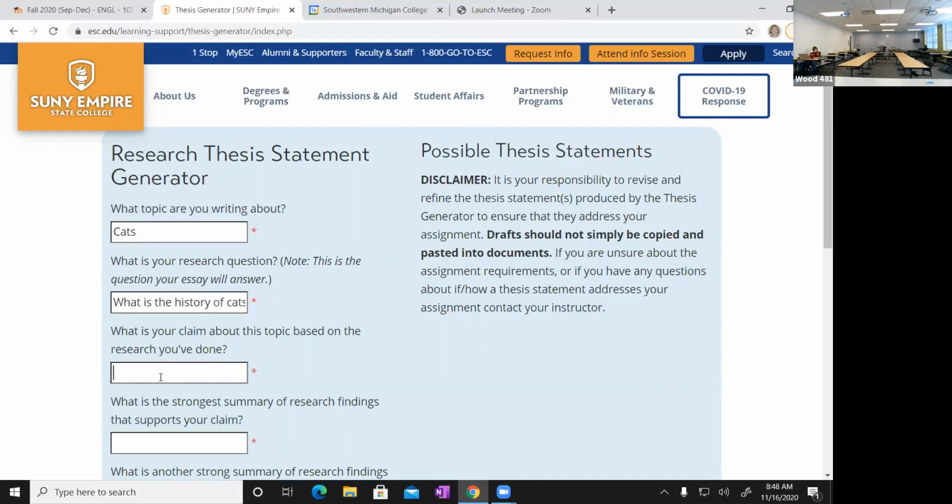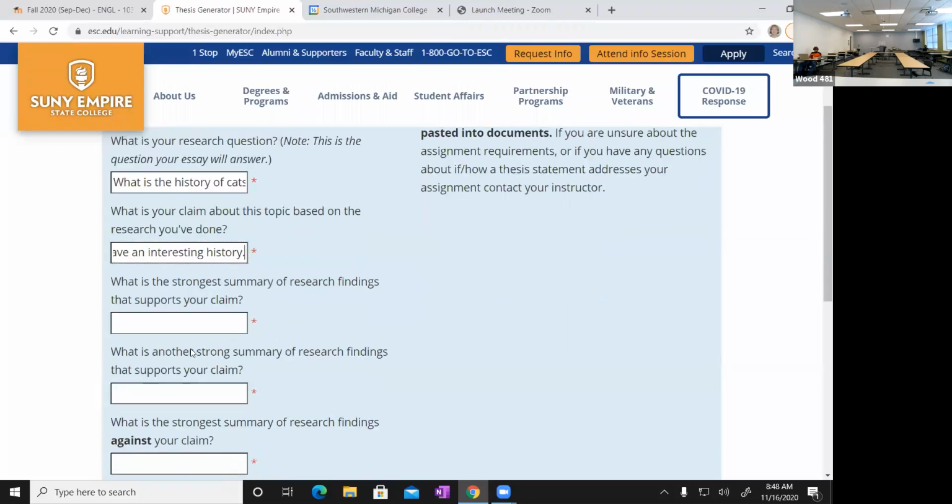What is my claim? Okay, cats have an interesting history. Now remember, that's my claim, that's my purpose for why I'm writing. I think there's an interesting history that I want to inform people about, okay? What is the strongest summary of research finding? Okay, so cats, I'm going to say cat behaviors.